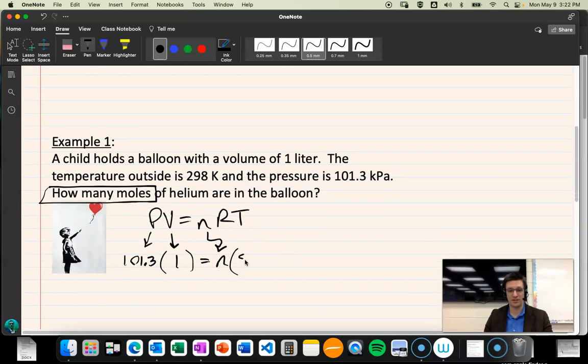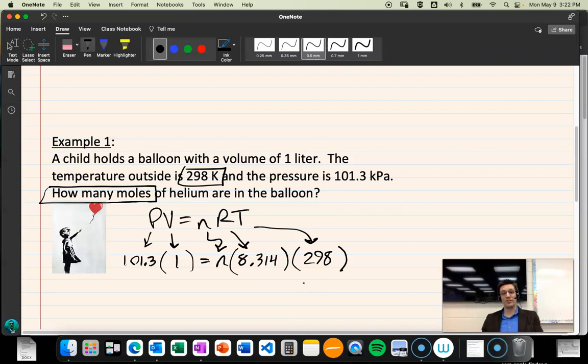So n times 8.314, that's R. And then finally T is the temperature, and the problem tells us the temperature right here, 298 Kelvin. So 298.